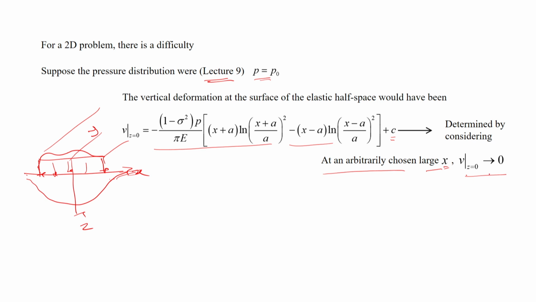So we do not have a definite value of a, or therefore a definite quantity of v for a given p or p0. We are dependent on this constant over here. So in the 2D geometry, this particular matter comes up, this constant c here.